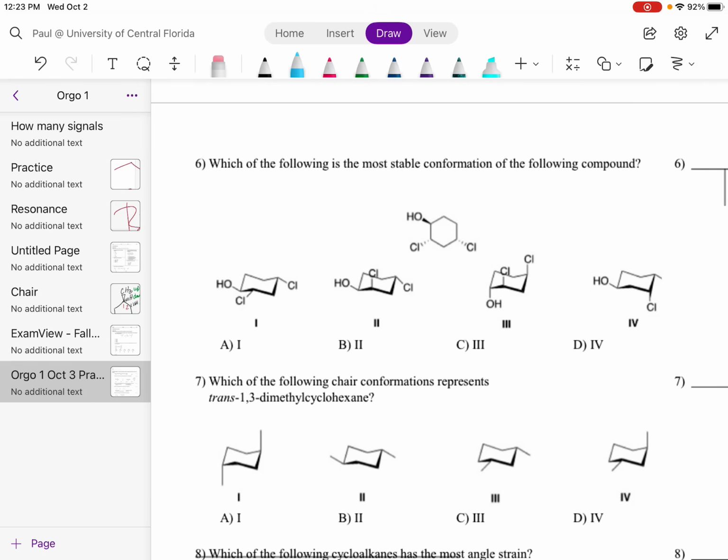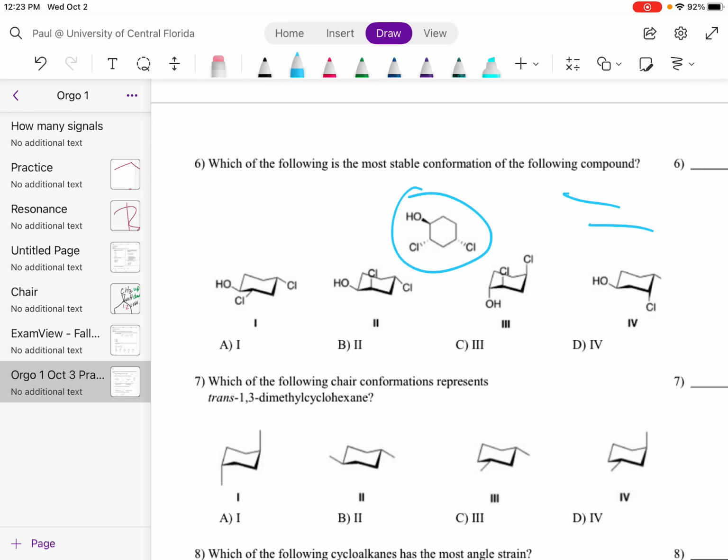Which of the following is the most stable conformation of the following compounds? First thing, that's our reference point. I would like to just draw the chair myself to make sure we have everything going on correctly here. And I'm going to call that carbon 1, 2, 3, and 4.